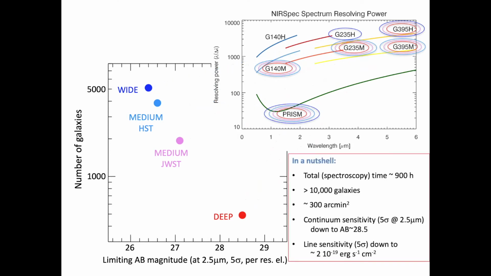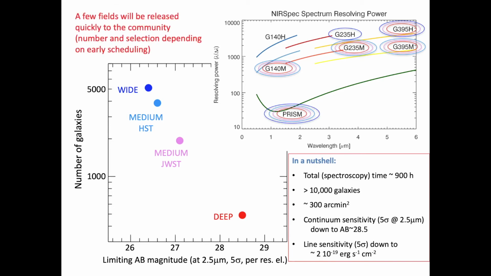In summary, we will observe more than 10,000 galaxies, exploiting a total of about 900 hours of spectroscopic observations, over an area of about 300 square arcminutes, and down to a continuum sensitivity of about AB 28.5, and a line sensitivity down to a few times 10 to the minus 19 erg per second per square centimeter.